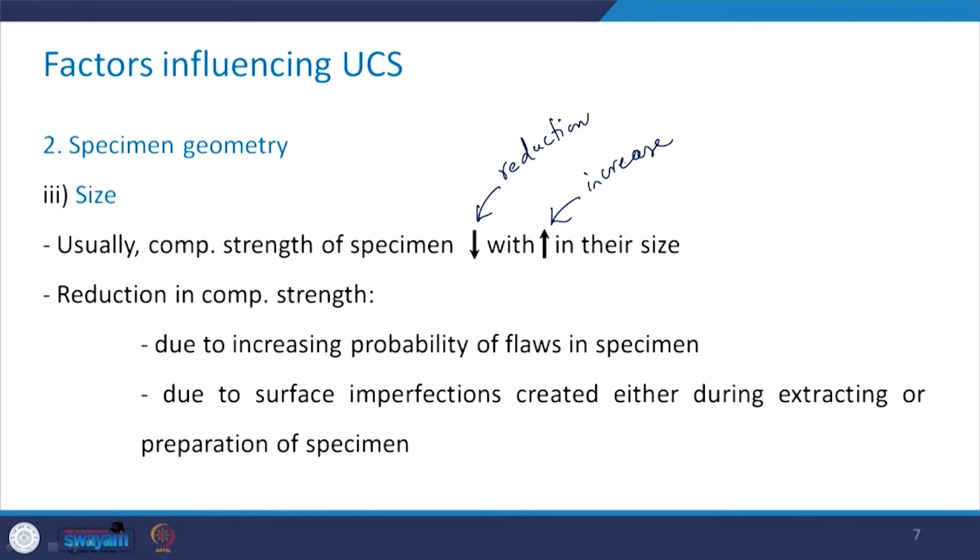Also, when you are preparing the specimen either in the lab or extracting the sample from the field, there can be more surface imperfections in the larger specimen than in the smaller specimen. So, these are the two reasons there are going to be more flaws in the specimen, and therefore there is going to be a reduction in the compressive strength if you take too large a size of specimen.